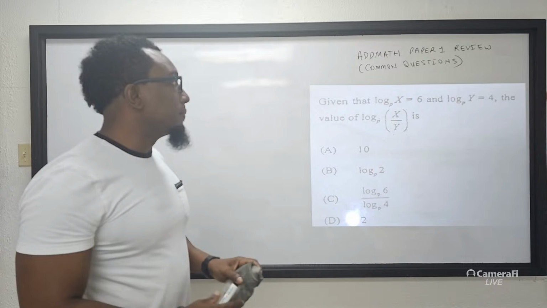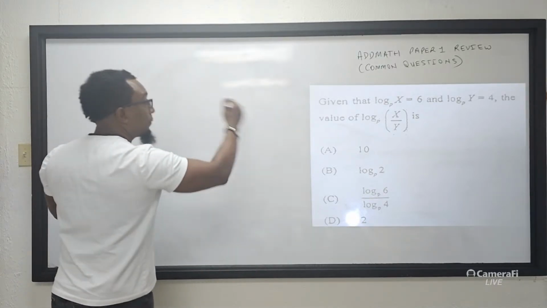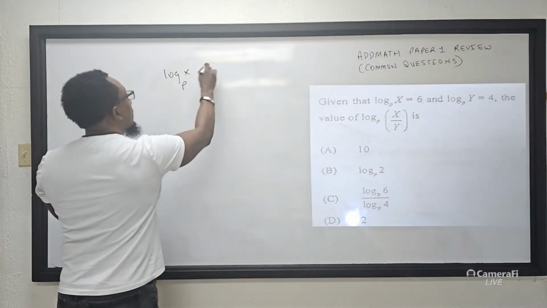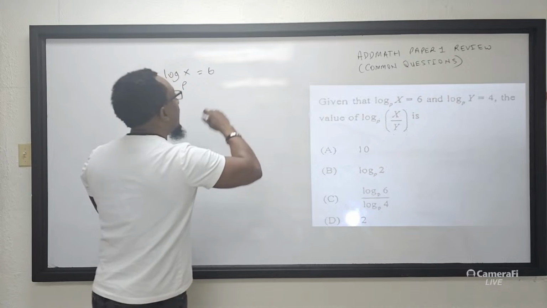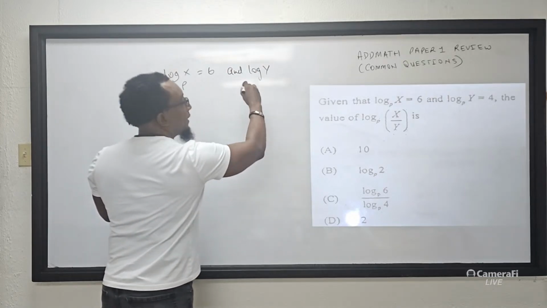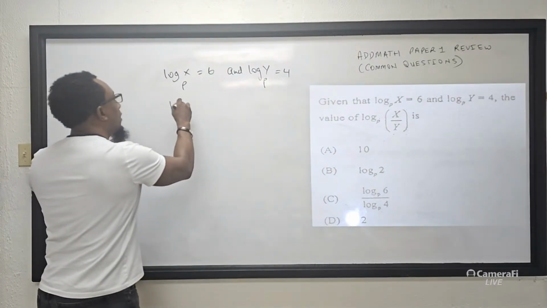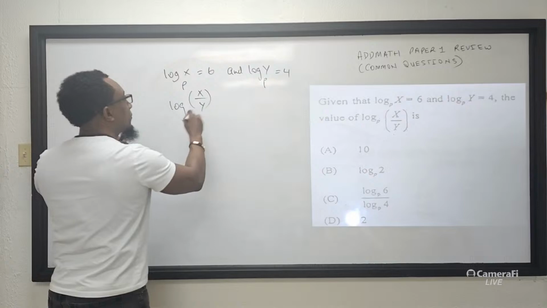Right, so logarithms. So we have here, given that, another very common question, log of x to the base p is equal to 6, and log of y to the base p is equal to 4. They want us to find the log of x over y to the base p.